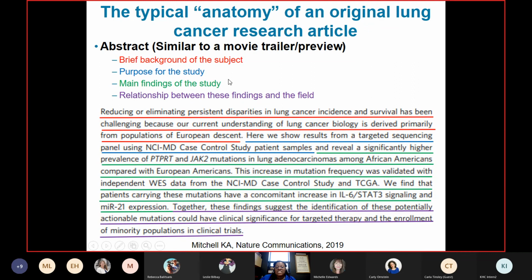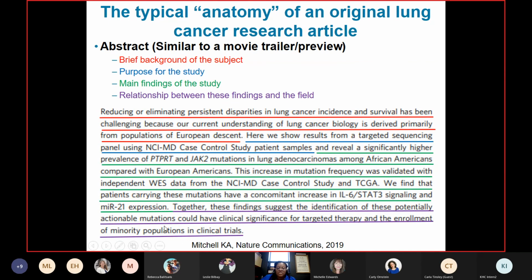So then the main findings of the study. So these are outlined in green. Right. And so basically we found some new mutations that we were really excited about, and they are participating in a particular pathway inside some of the patients, and that let us leverage it for treatment options. So you see in green the main findings, and then in purple you see the relationship of these findings to the field. So basically, what does it mean, the findings?